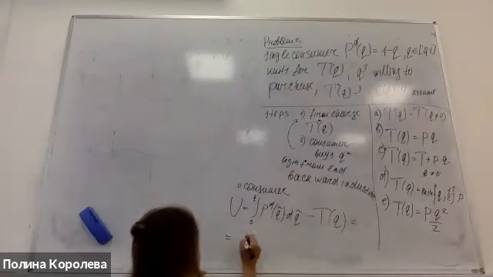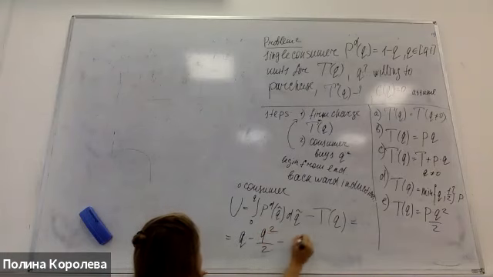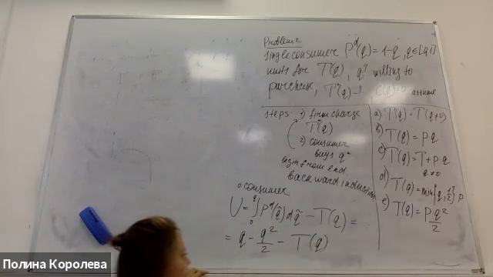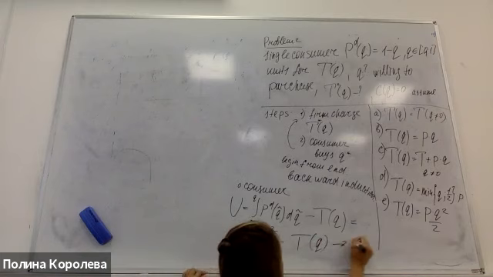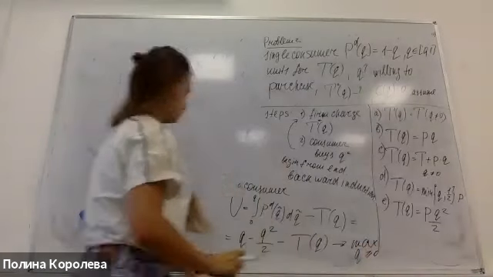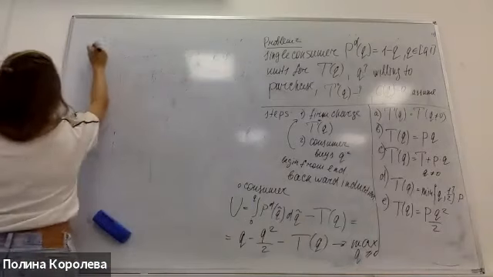This will be Q minus Q squared divided by 2 minus this tariff. And the consumer should maximize it by quantity, greater or equal to 0. Let's do it. In A.